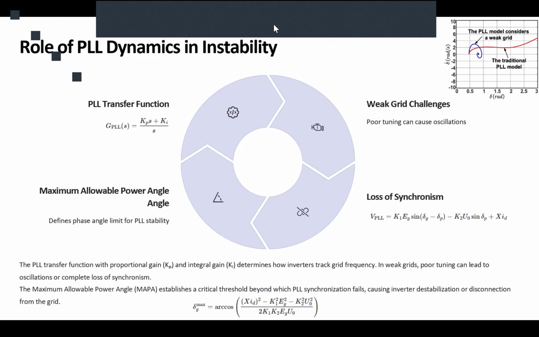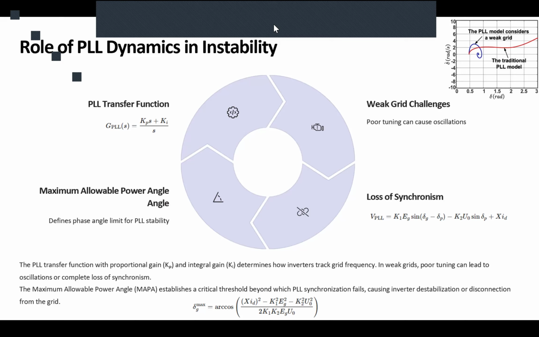So it's not guaranteed that any weak grid scenario is unstable for grid following, but it could get to that point. Now, there is a maximum delta, a maximum error, that could happen, and the system is still able to reduce the error, handle the situation, and remain stable.